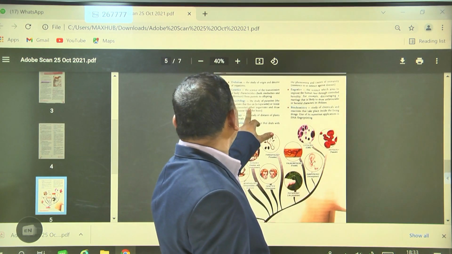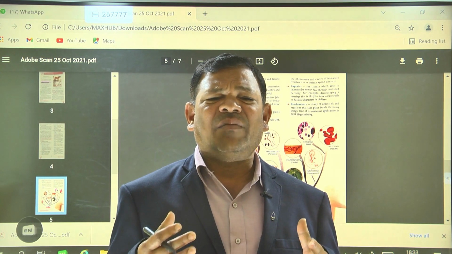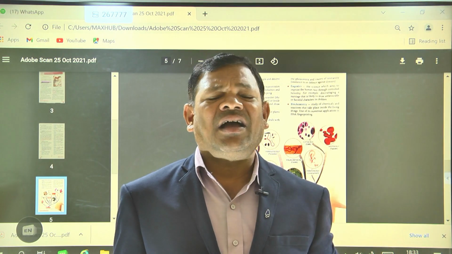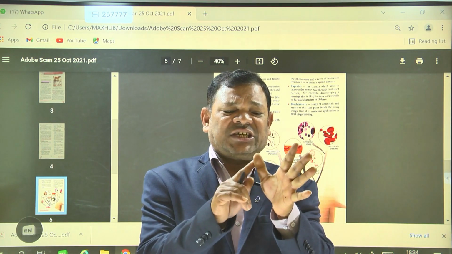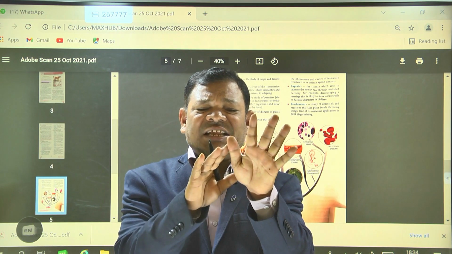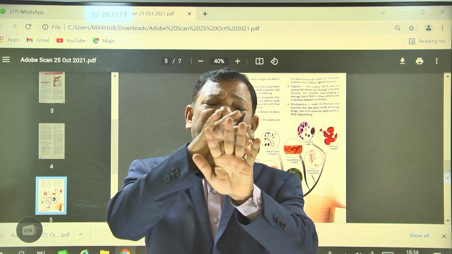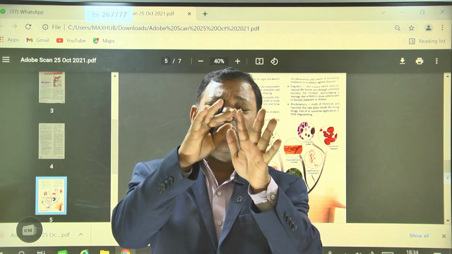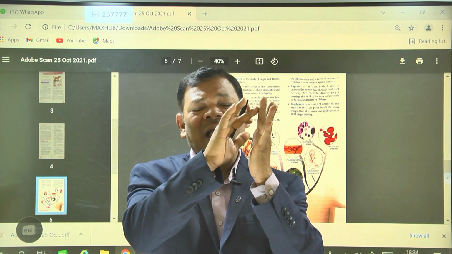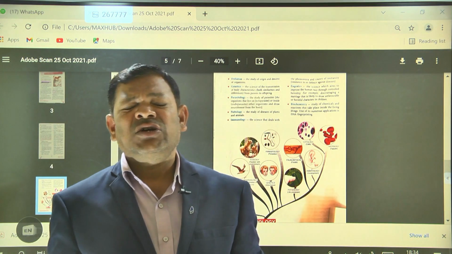Next one is evolution. Actually we human beings are coming from the group of the mammals. You know very well, especially in the chordates: fishes, amphibians, reptiles, apes, mammals. So fishes evolved into amphibians, amphibians developed into reptiles, reptiles developed into apes, and apes developed into mammals.